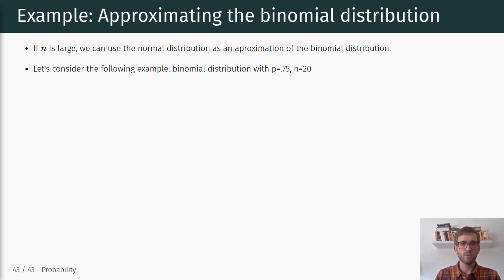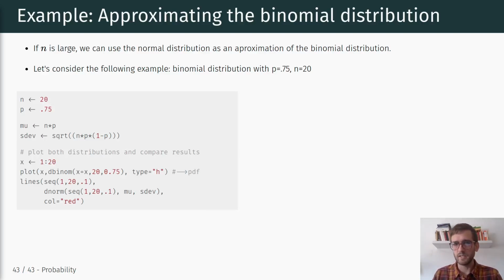Okay. So let's, for example, consider the following example. We have a binomial distribution with a success probability of 0.75, and n is equal to 20, right? So that means we have 20 coin flips, and the probability of heads is equal to 0.75, right?